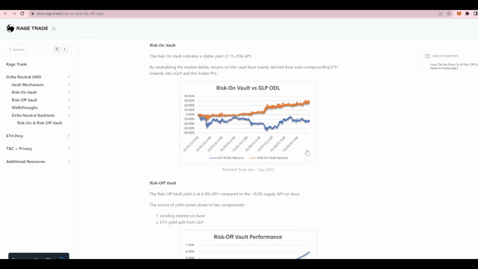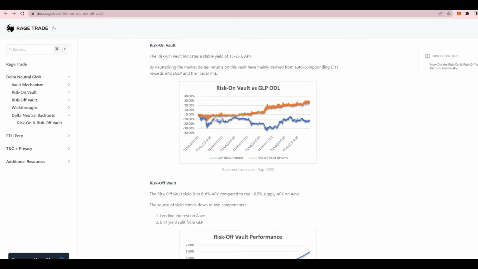And so you have the risk on vault returns here, backtested from January to September 2022. And you can see here people who have been holding GLP since the start of the year have actually not made any money, and that's because of the intense bear market, of course, and actually they're not down that much.